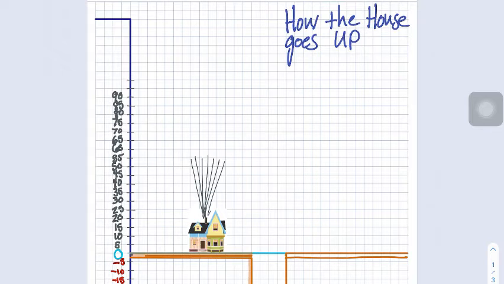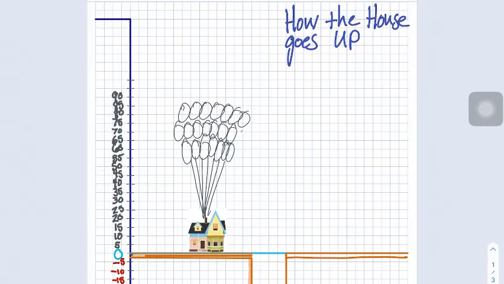So this man ties a bunch of balloons to his house like this. Lots and lots, thousands of balloons. And he ties all these balloons to his house until he has enough helium pulling up on his house that his house flies away. And he flies it to Paradise Falls.